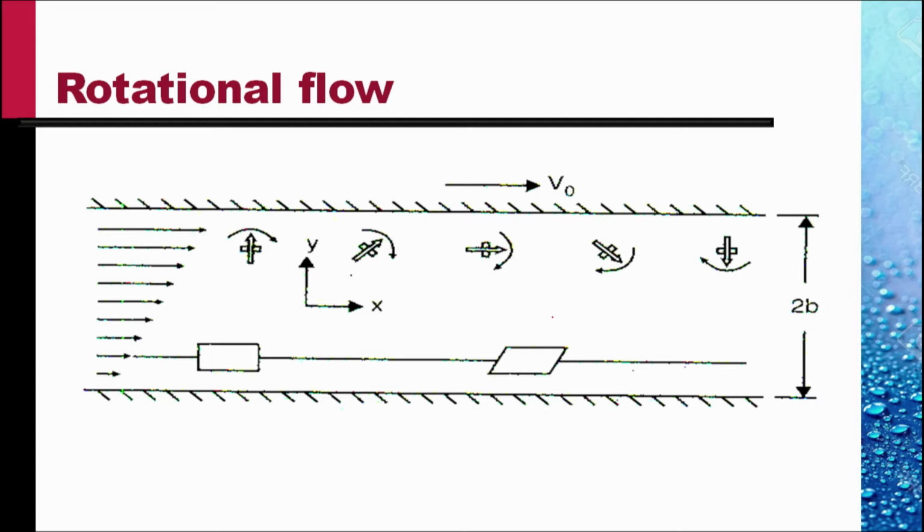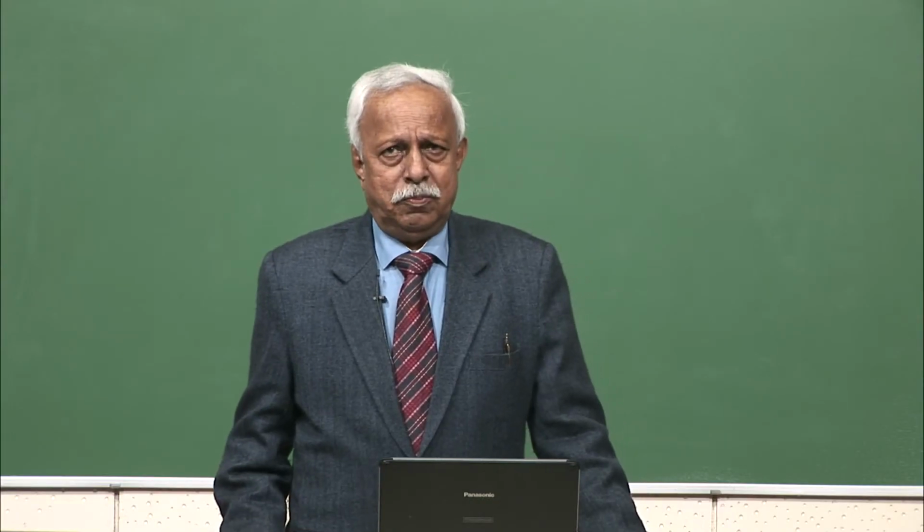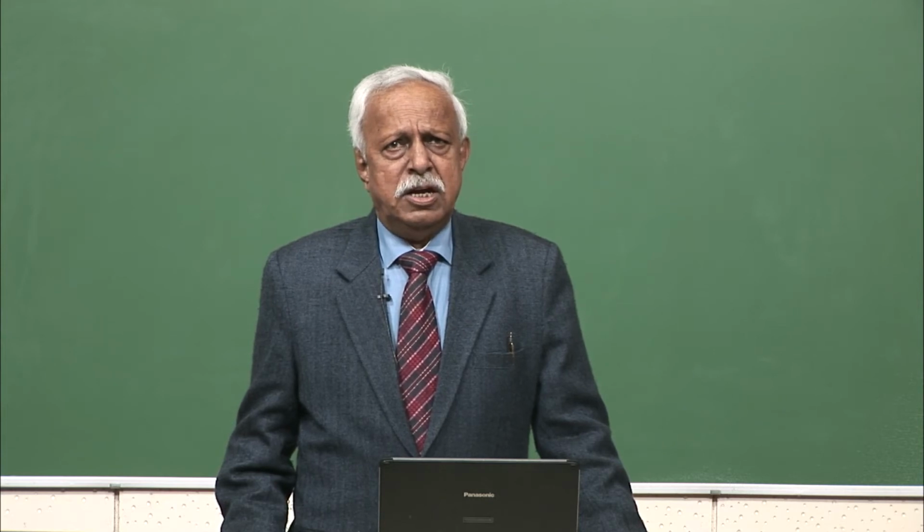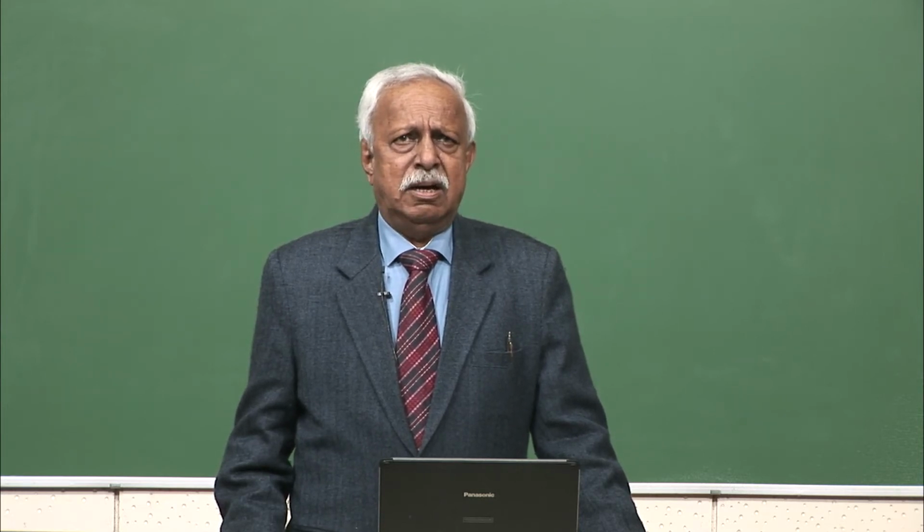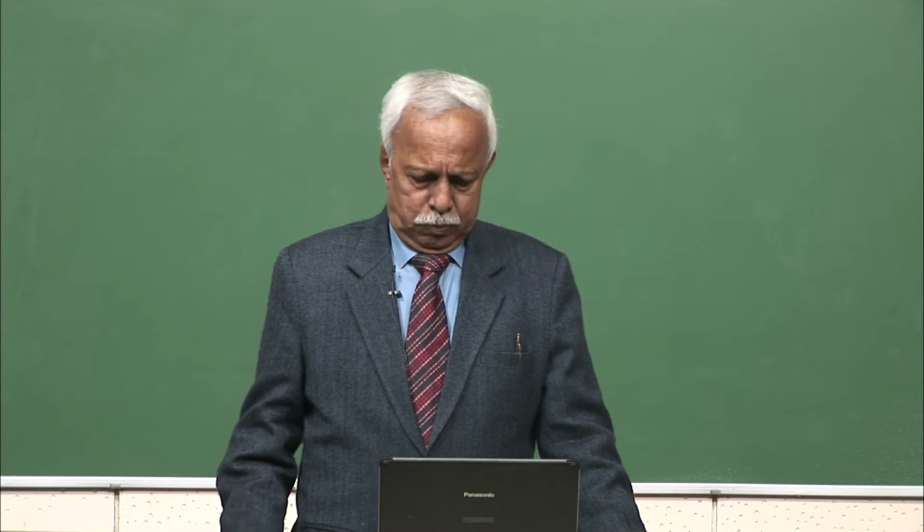A paddle wheel floating down this channel would move in a straight line. But since the velocity near the upper wall is larger than velocity down below, this paddle wheel would have a clockwise rotation as shown. So this definitely is a rotational flow.